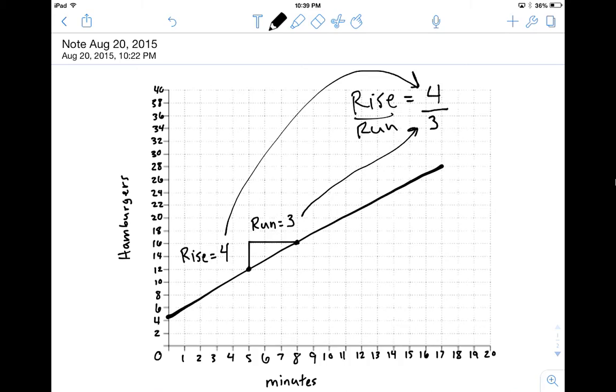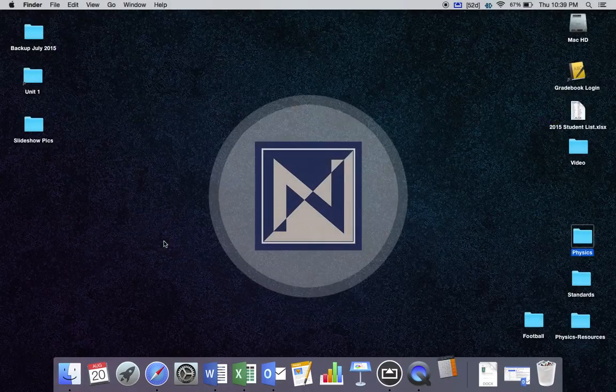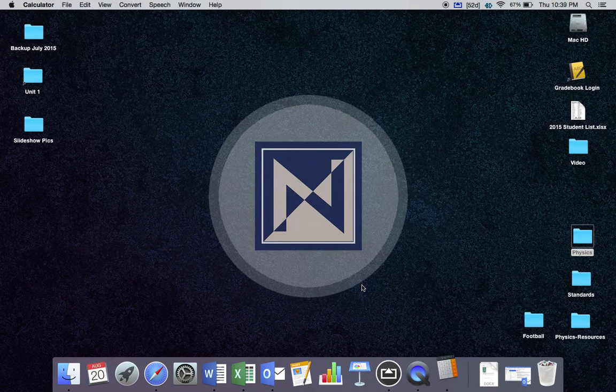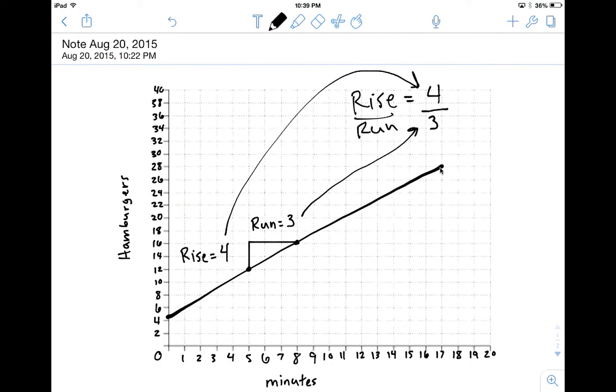I'm trying to do 4 divided by 3, so let's go to the calculator. 4 divided by 3 is 1.33. So let's write it in here: my slope is going to be 1.33.